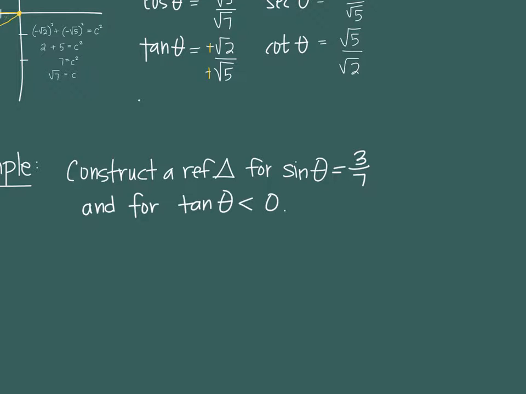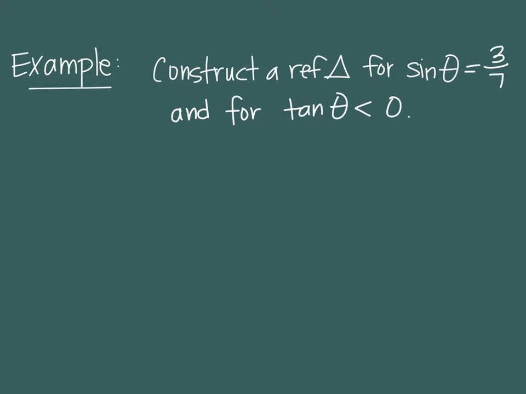All right, construct a reference triangle for that. You don't have a point, you don't know the quadrant, so there's lots of possibilities for this. So let's kind of think about this, the different possibilities we could have.